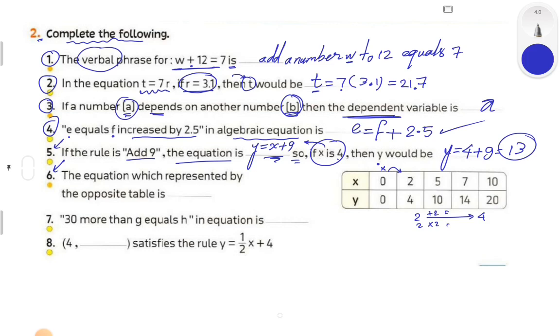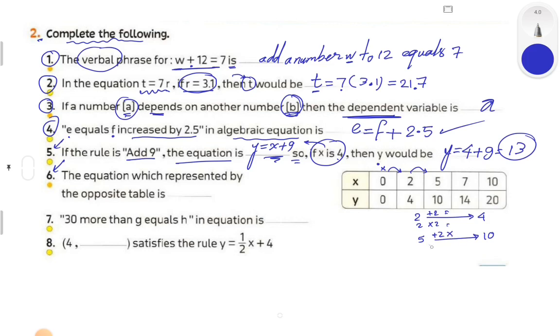Okay? To be sure which one is the correct one, go to the next x and y. I have 5 becomes 10. If I add 2 to 5, may I get 10? No, so it's incorrect.